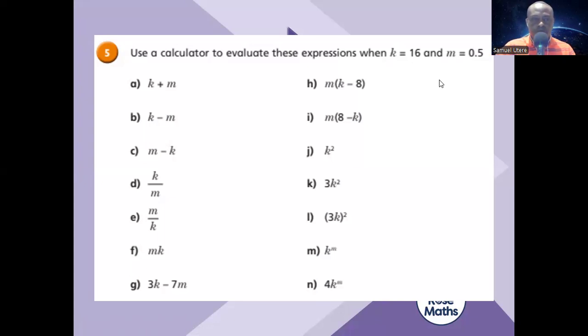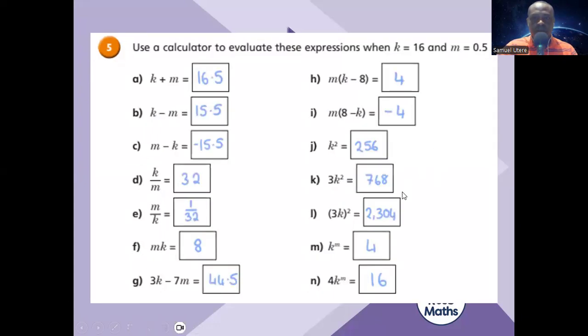So, assuming you've paused the video and you've really thought about this, you've worked through the questions, here are the answers. Okay. So, this time you're given two different numbers to use. So, K is 16 and M is 0.5.